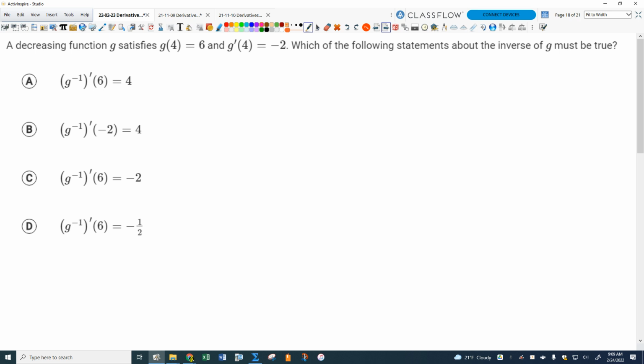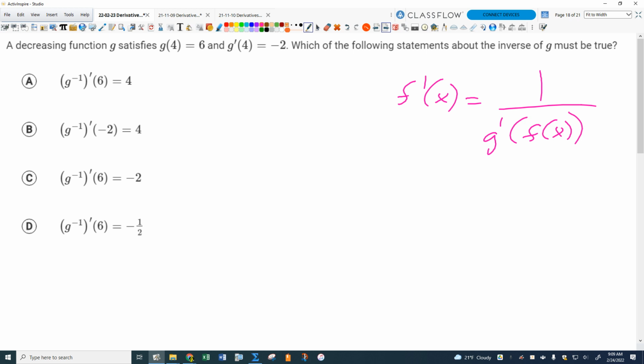So now f becomes our inverse function, and f prime of x would equal what then? Yeah, 1 over g prime of f of x. Does that make sense?